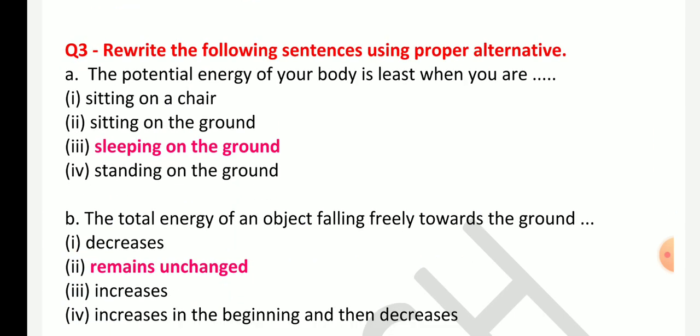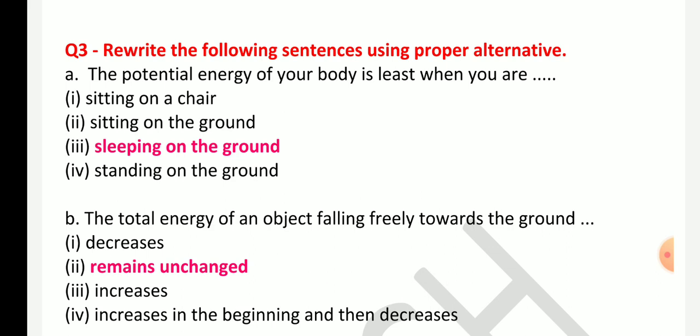Rewrite the following sentences using proper alternative. First one. The potential energy of your body is least when you are first, sitting on a chair, second, sitting on the ground, third, sleeping on the ground, fourth, standing on the ground. So what can you say? When is the potential energy least? Correct.